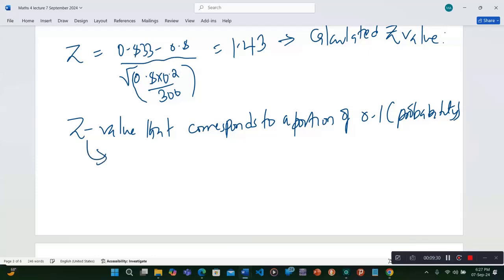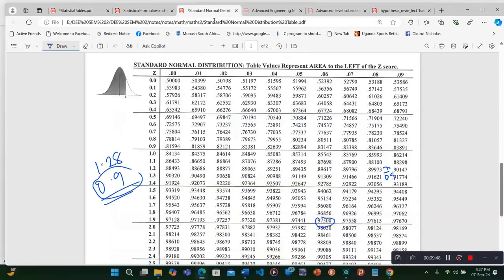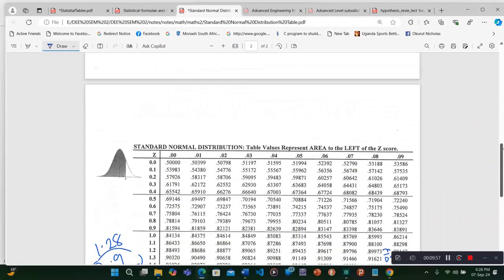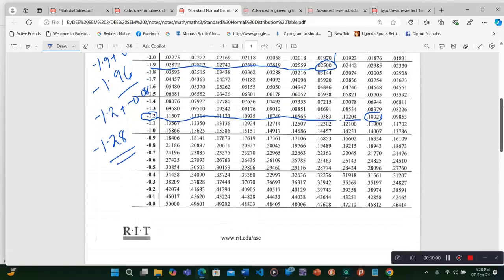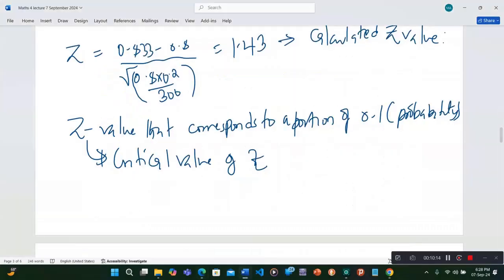So this will give us the critical value of Z. So let's go to our tables and look for that value. We said the one that corresponds to 0.1 is 1.28 in magnitude.